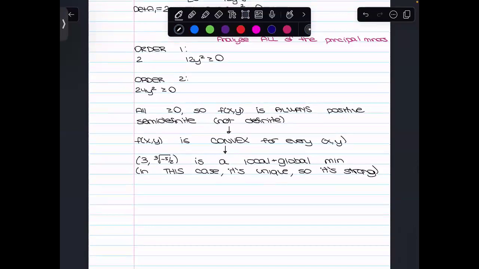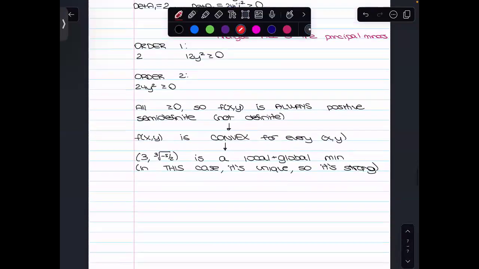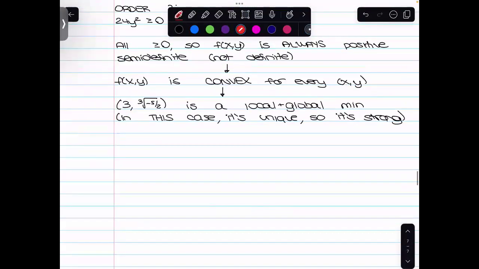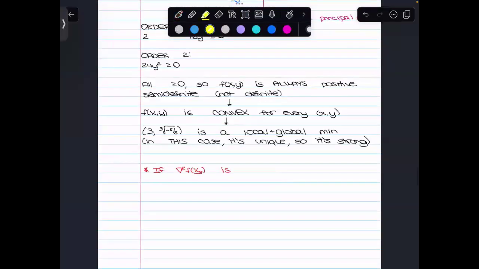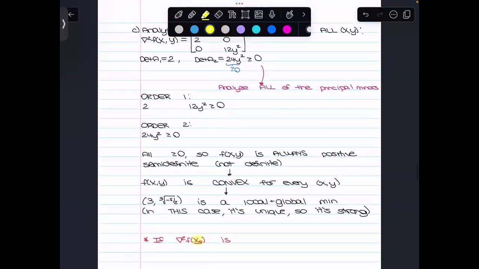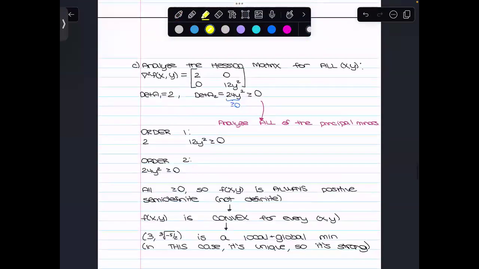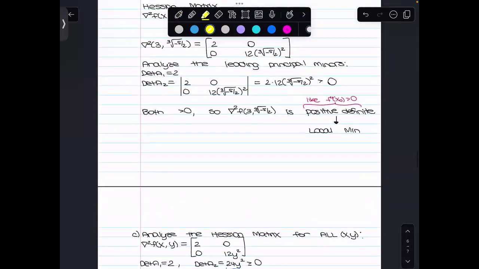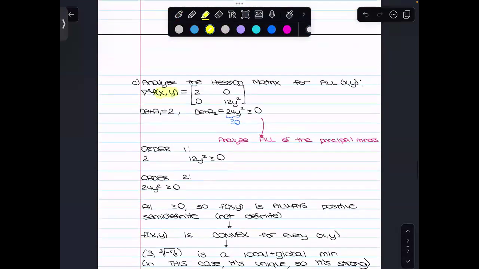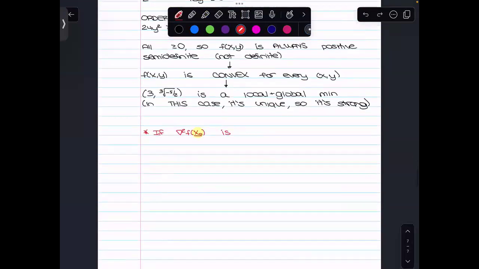And I'm just going to make a note here that in general, if a Hessian matrix is positive definite at a specific point, notice it's easy to overlook this, but notice how here I'm writing x0 and here I wrote x comma y. So this is the general Hessian matrix versus this is at a specific point.